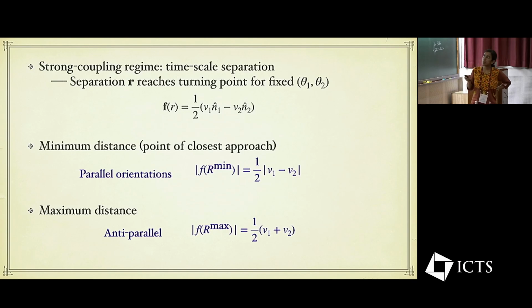So this is what must be satisfied, and the minimum distance is the point of closest approach that happens to be again when θ1 is equal to θ2, which has to be found from the solution of this equation depending on the function f, and the maximum distance has to satisfy this equation.